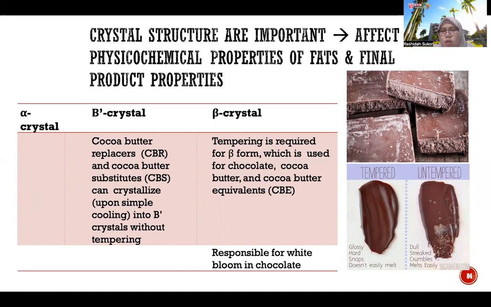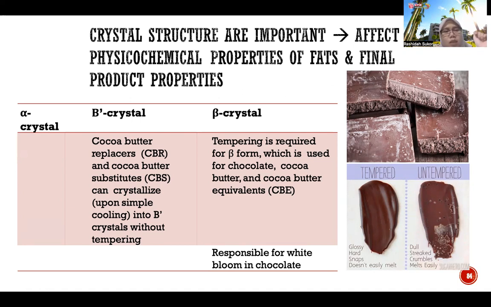Normally the expiry date is put there because there will be a time where you keep it, and after a duration it starts to form this white surface. It's not mold actually, we call it fat blooming. This is white blooming. It looks like mold, but actually it is not. It's because of the crystallization of the fat in the chocolate. This is the biggest issue in the chocolate industry.